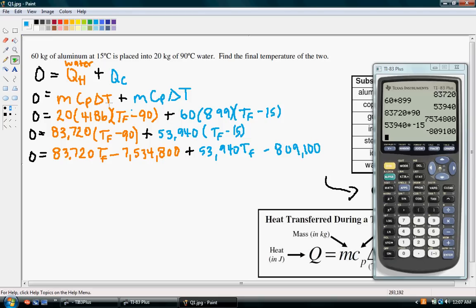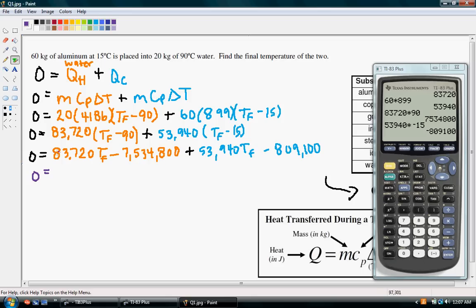Alright, so what you can do now, I'm going to use purple now. I'm just going to add everything up. Anything that has a final temperature on it cannot be mixed with just a number that's on its own.